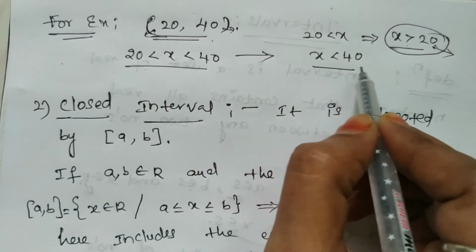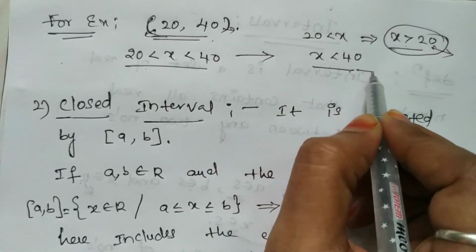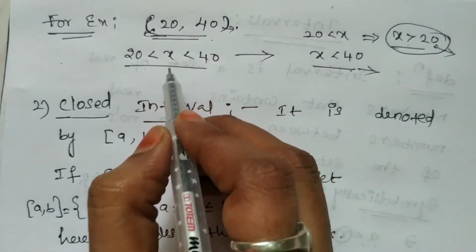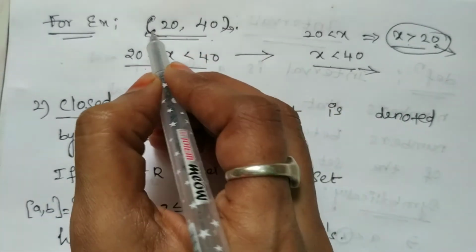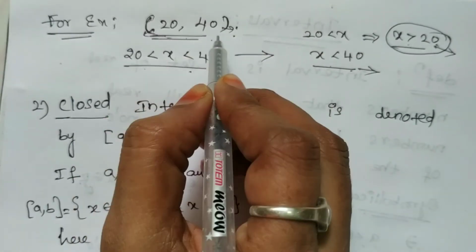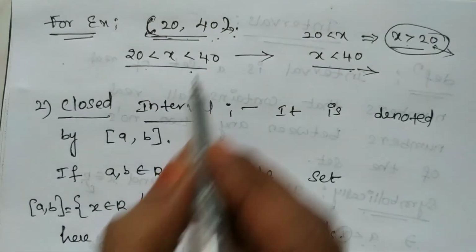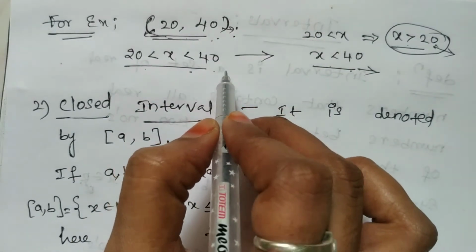Next, X less than 40, so 40 is not included. Therefore, in an open interval the end points are excluded, and the points between them are included. So this is the open interval.